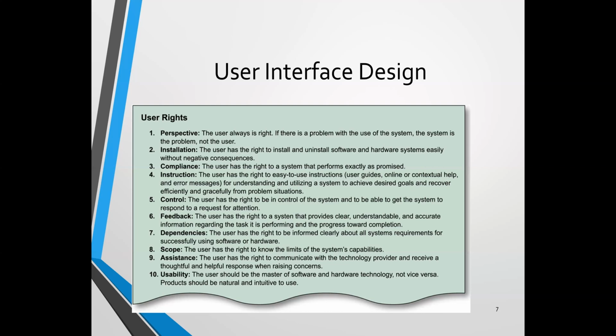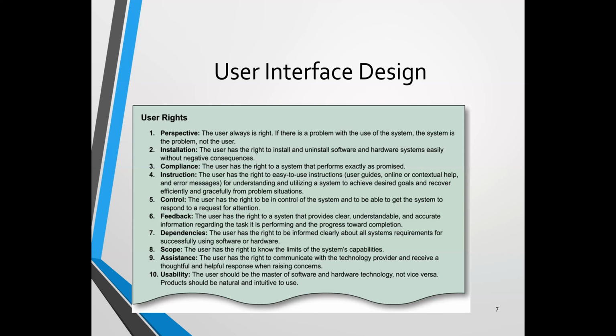Users have the right to know the limits of system capability. Number 9, assistance: users have the right to communicate with the technology provider and receive a thoughtful and helpful response when raising concerns.